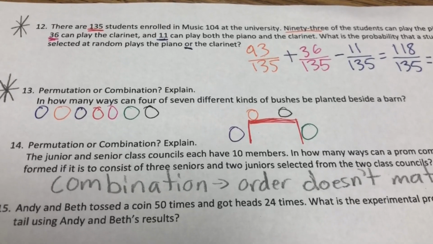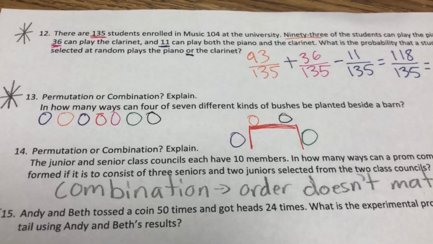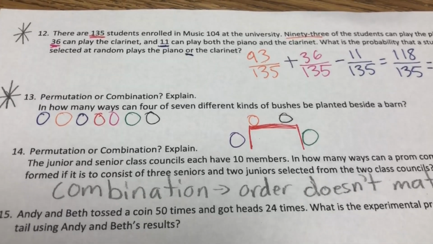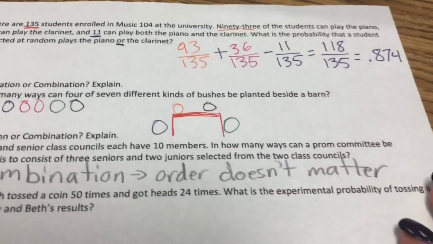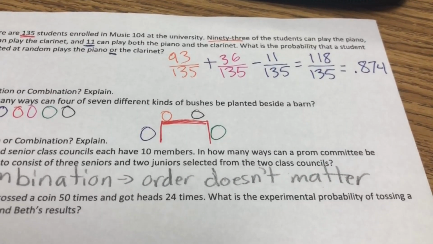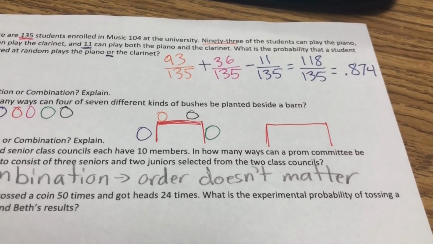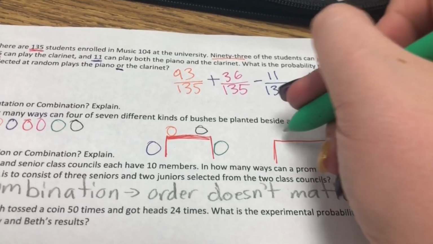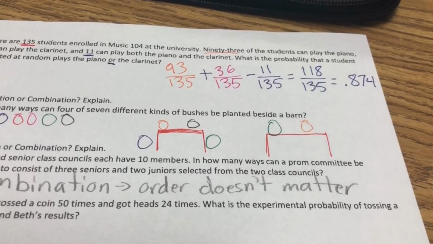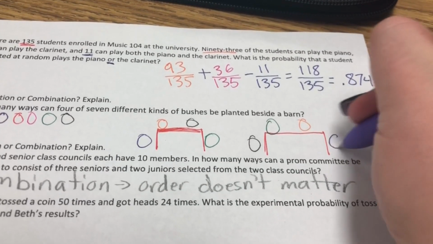Now what it's asking is a combination or permutation, meaning does the order matter of where you plant them? In this case, it does not. So if we kept the same bushes, but just changed them around a little bit, so what if the green was now over here, orange over here, black here, and purple here?